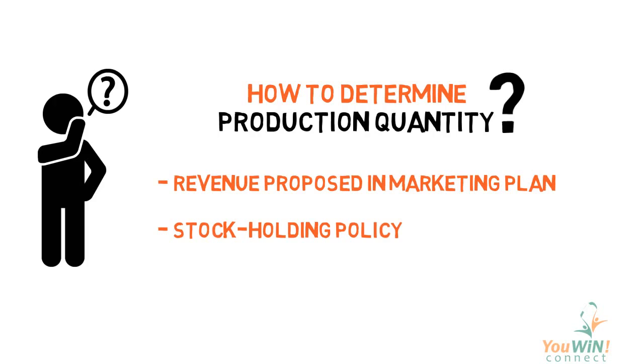So, for example, we have a target of producing 5,000 cartons of a specific product. However, we agree on having a policy of holding 20% of our production capacity in order for us to avoid being out of stock, just in case for anything we cannot produce at certain times, so that we do not get our products out of the market.